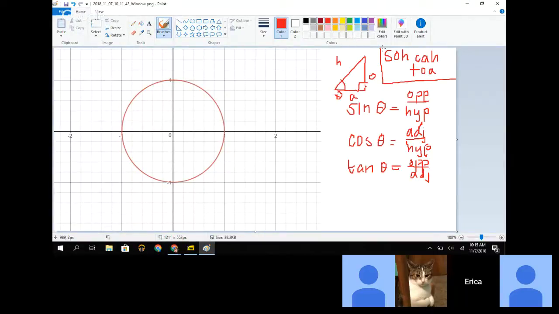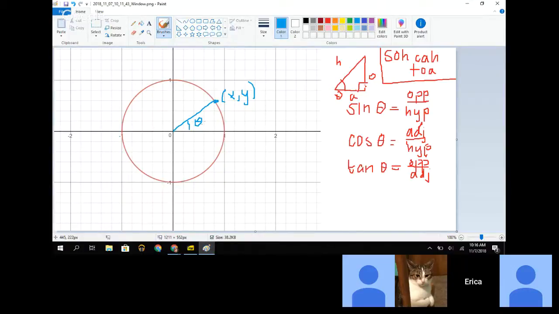Now we're going to apply that to this guy, the unit circle. Okay, so if I were here at the origin and I go out some distance, right, to some point right here, this point is x, y, some x and y, right? And this is my angle, my theta.